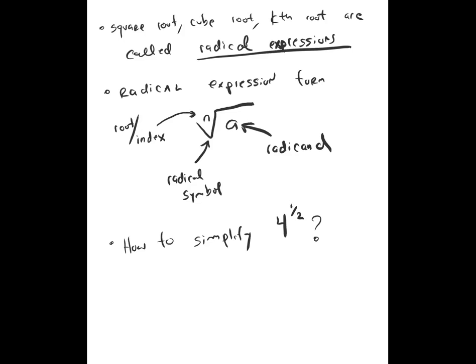You can easily put it in your calculator and it gives you the answer. But I'm going to want to see work. When it comes to your test, I'm going to want you to show me how you got that. Because if you just give me the answer, you're not going to get full credit. So we want to be able to simplify this.